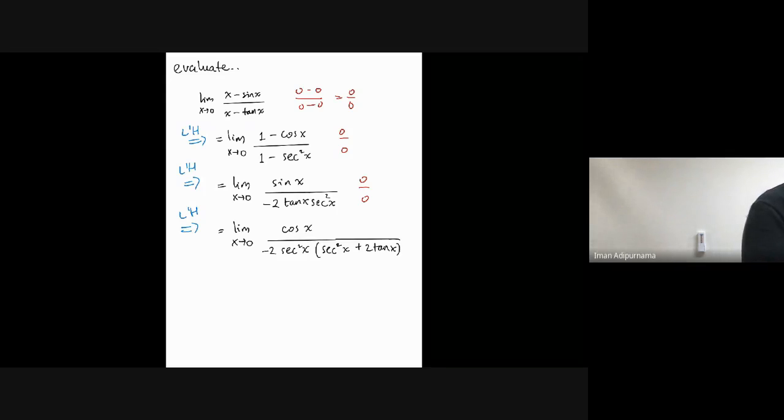Actually, I can rewrite the form. There are many ways to solve this. You can use L'Hopital and go through, and if you are not confused about derivatives, you can derive the whole thing, and you can always check this.